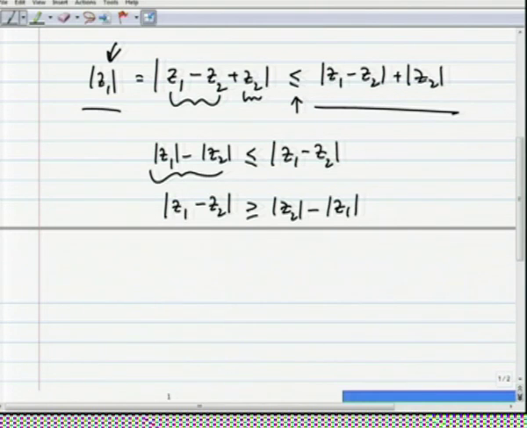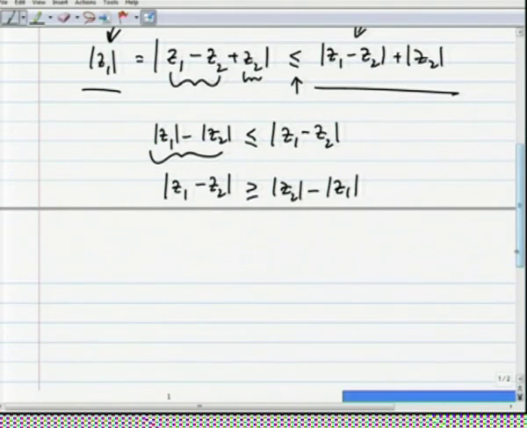You will get modulus of z 2 minus z 1, but that is the same as the modulus of z 1 minus z 2. And so you get this other part.